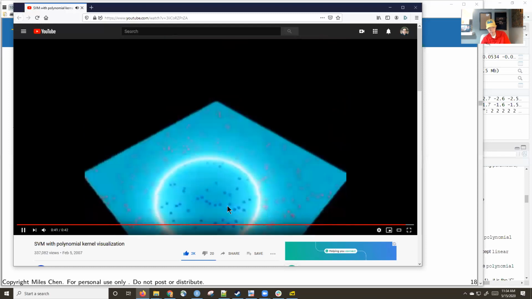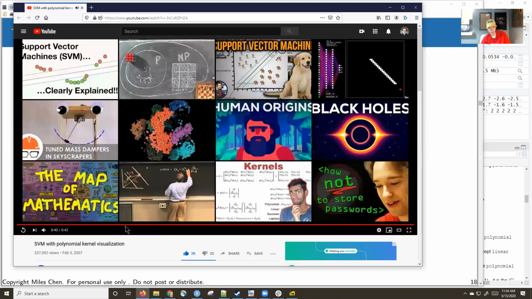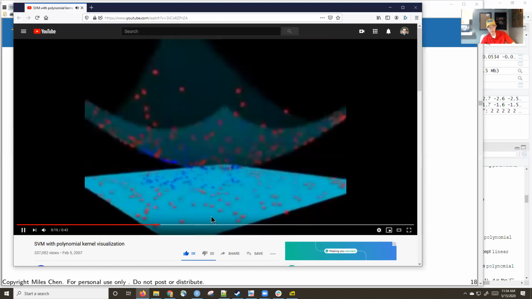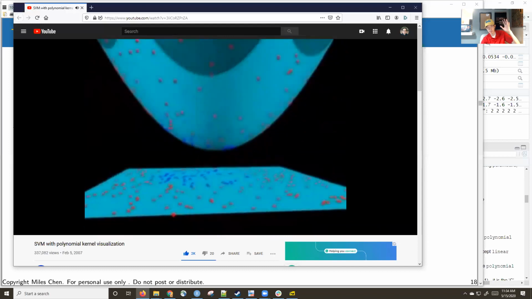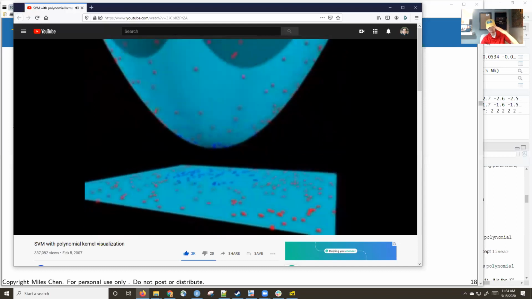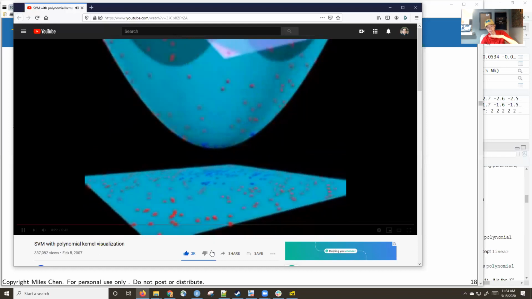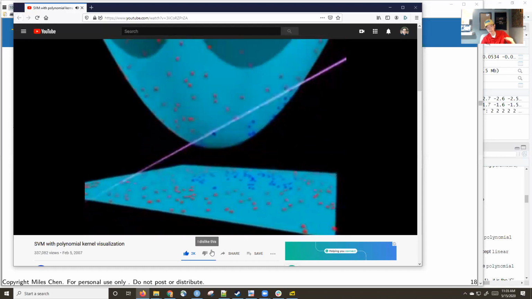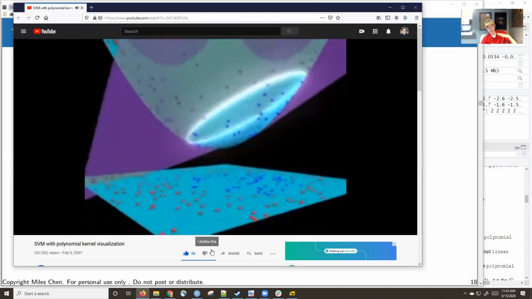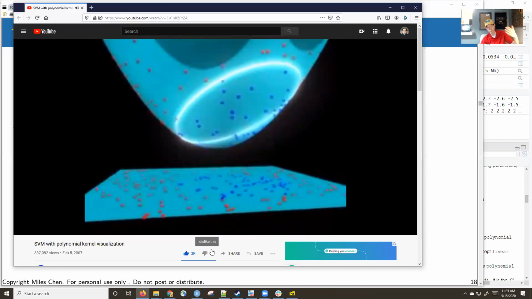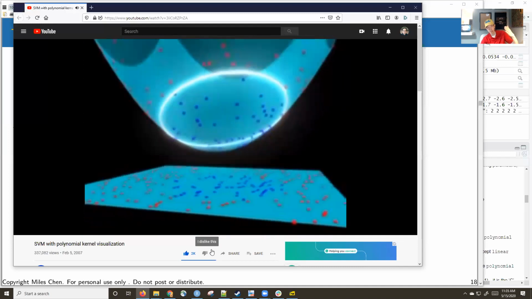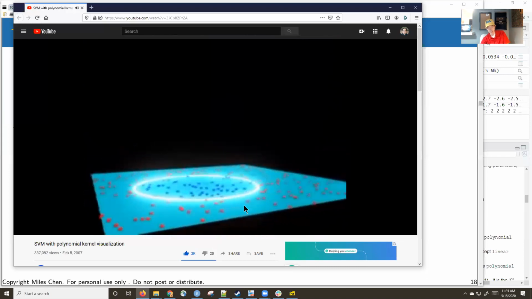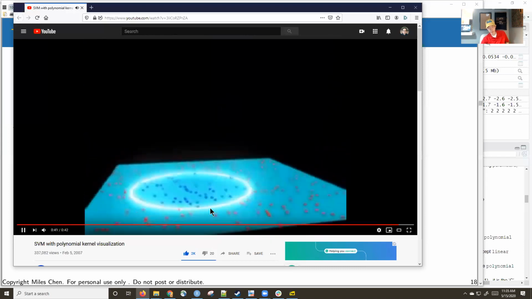It looks kind of like a circle. It's a good animation. So we take our 2D data, we project it into higher dimensions, in this case 3D, because we can visualize that. And in 3D, a linear hyperplane exists that separates the data, and now we can use the maximum margin classifier idea on this projected data, and this becomes the boundary that it finds.